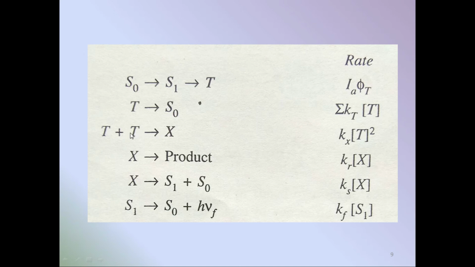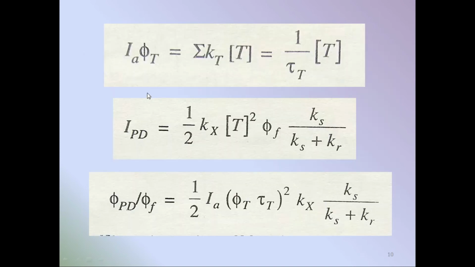Here the summation of k_T is the sum of all first order processes which produce triplet, as at low intensity triplet interaction is less probable than the first order decay. Under steady state conditions, I_A Q_T equals the summation of k_T times tau, which is equal to 1 upon tau_T times T.